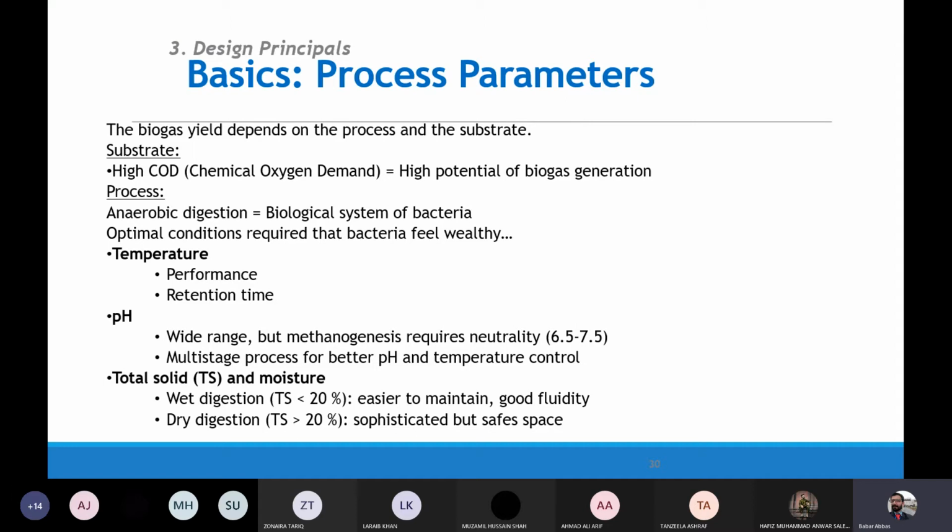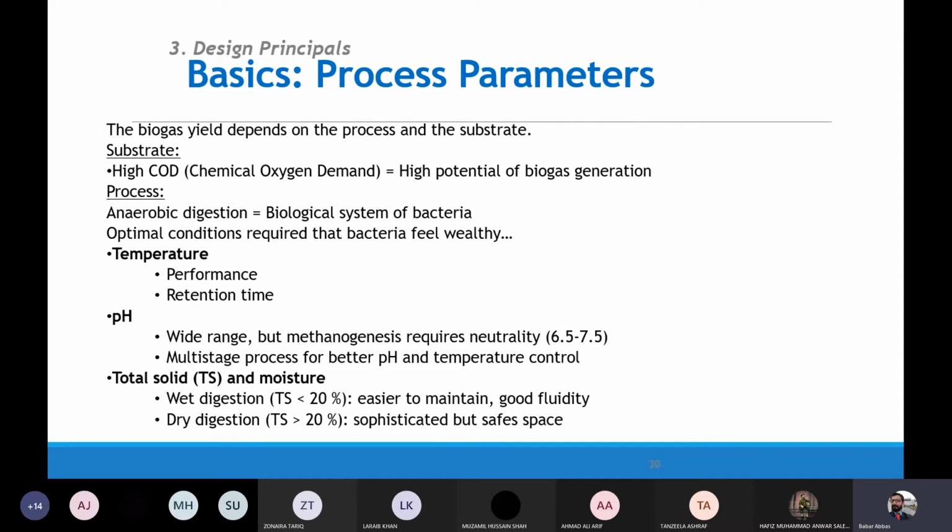It would be having lesser pH levels at different stages, as the acid production is a part of this process. Wide range, but methanogenesis requires neutrality. If you are moving from the acetogenesis to the methanogenesis process, you would be raising the pH from acidic level to the neutral level, and a multi-stage process for better pH and temperature control can be utilized.